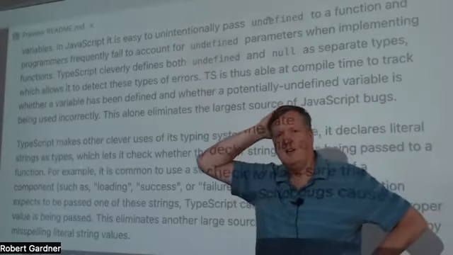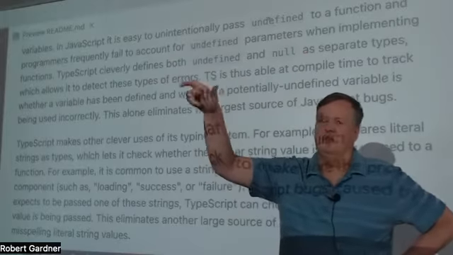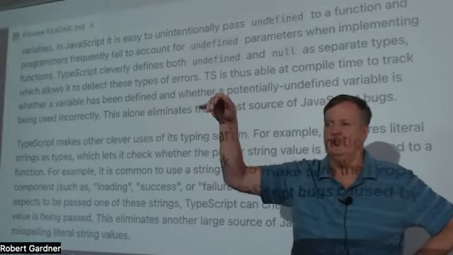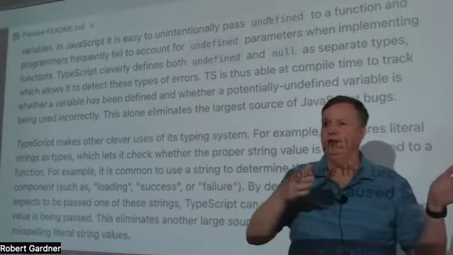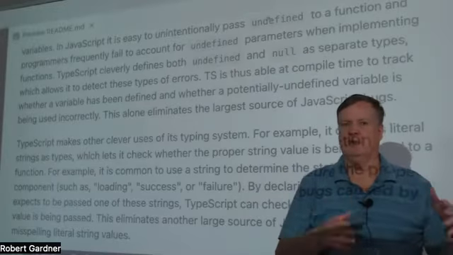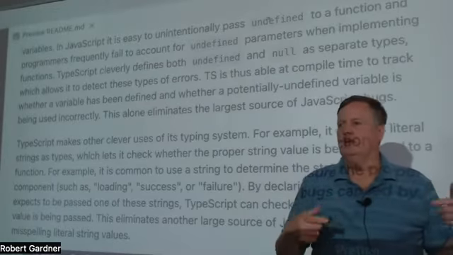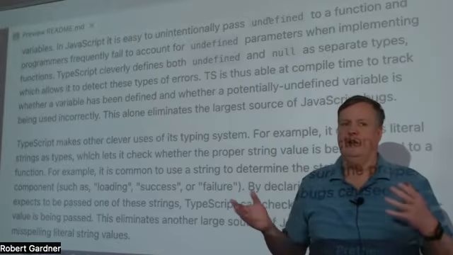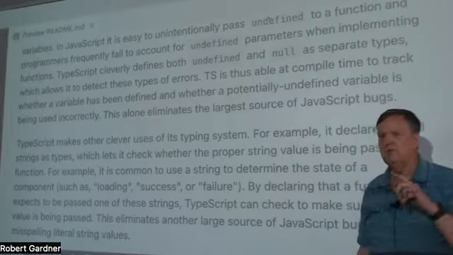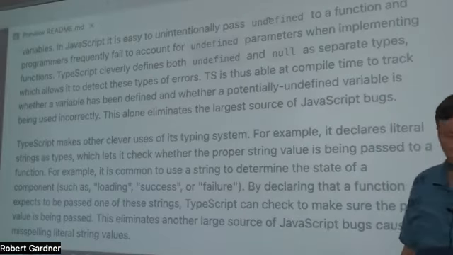And so you declare that my variable is a string, or you say it's string or undefined, so it can be either one of those. That way TypeScript knows that this might be undefined, and therefore it checks to make sure that you're handling it everywhere you use it. You're, for example, not trying to call an undefined function or dereference an undefined variable using dot on it. So, okay. All right.